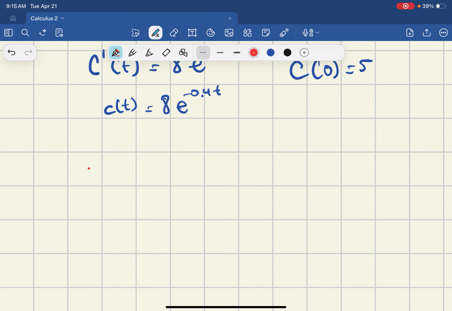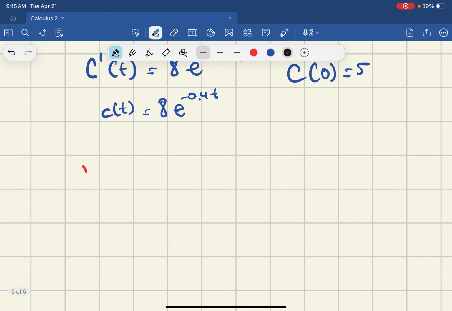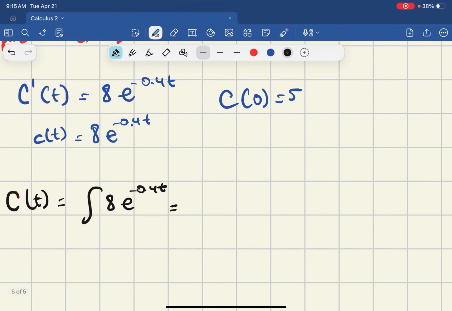So to find C of t, we want to integrate 8e to the negative 0.4t. For this specific problem, what I like to do is identify my k first. So that's negative 0.4, which is negative 4 over 10, which is negative 2 over 5.